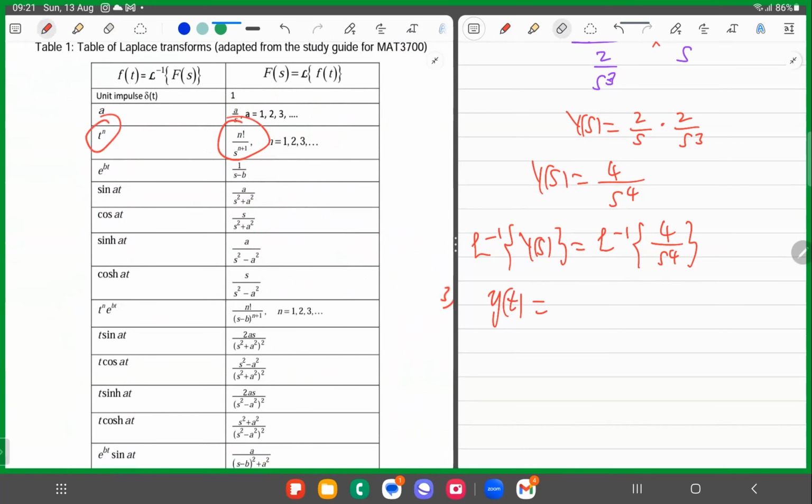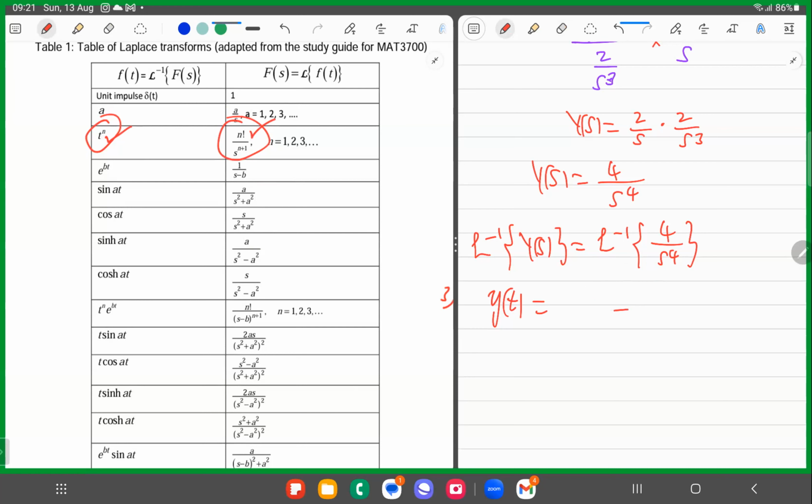You must have, for t to the power n, n factorial over s to the power n plus 1. So at this point, this must be the same as what?